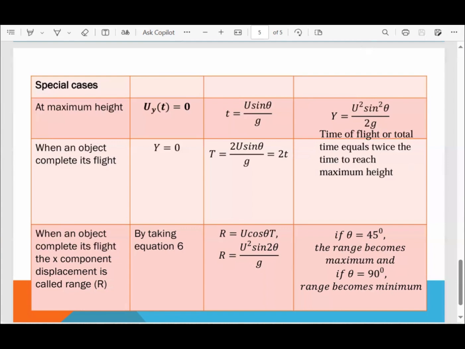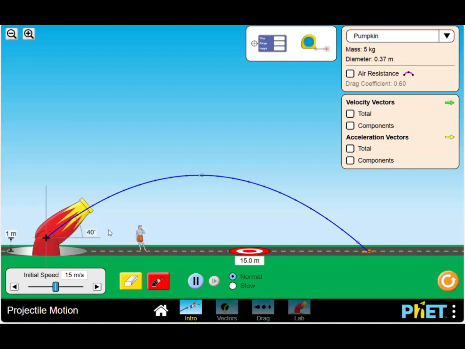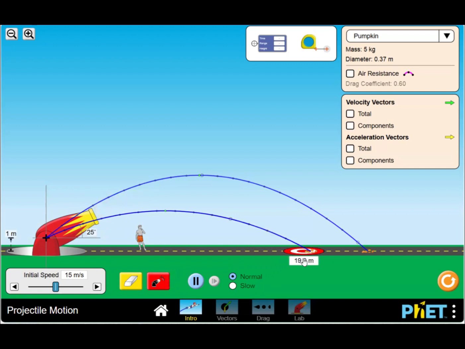Now, let me show you this experimentally. First, let us decrease the angle. Here we have 25 degrees. If we launch the projectile at 25 degrees, it falls here. Its horizontal distance is about 19 meters.